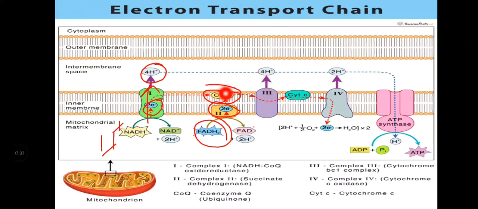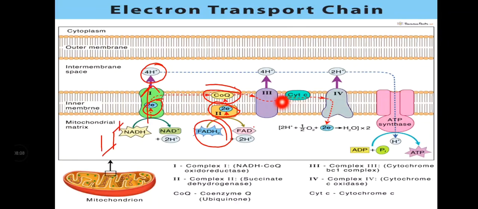So complex 3, once it receives electrons from coenzyme Q or ubiquinone, pumps protons from the inner mitochondrial matrix into the intermembrane space. Then from complex 3, cytochrome C picks up these electrons, gets energized and donates them to complex 4.